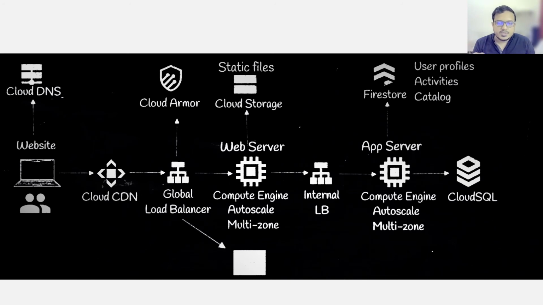So you can store or cache your static media in the nearest edge location. The load balancer, instead of sending the request back to the web server, sources the static content from your edge cache.